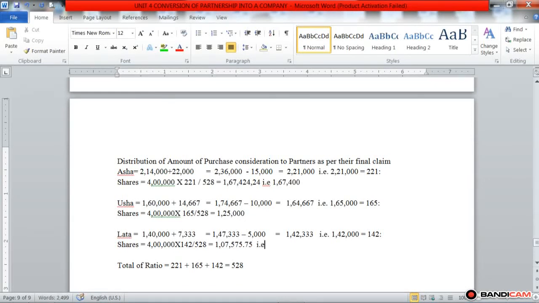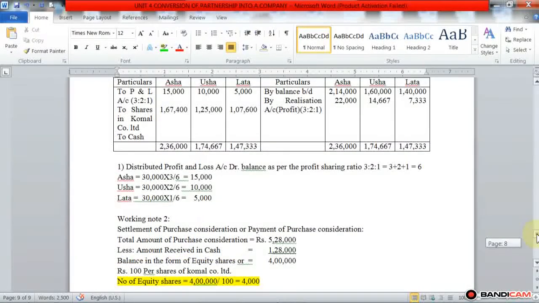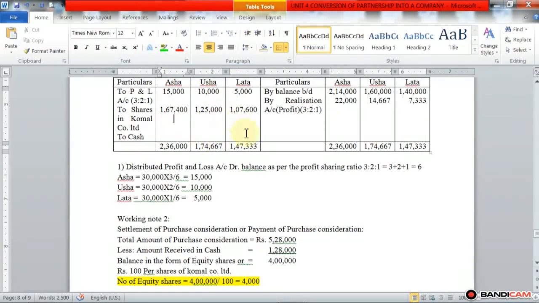We convert this figure into a round figure, that is 1,07,600, because the value is above 50. So 775 we convert into 100 rupees. So the amount of shares received by Lata is 1,07,600.